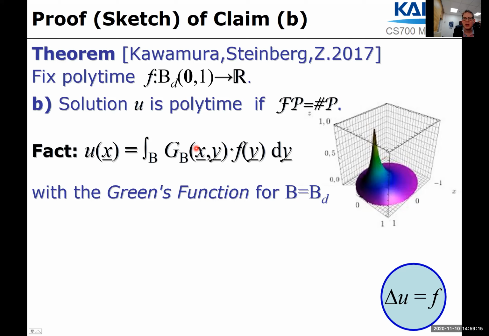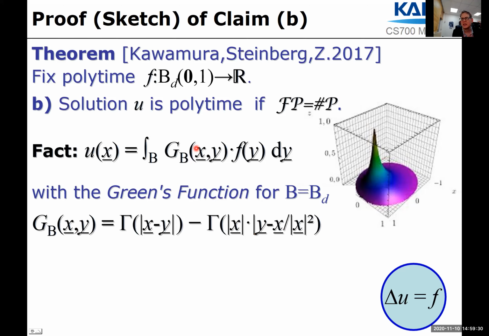For a different domain, Poisson's equation has a different Green's function. For some domains it's an exercise to write down the Green's function explicitly, and this is one of those domains, where using the method of mirror charges one can arrive at this explicit solution of the Green's function.